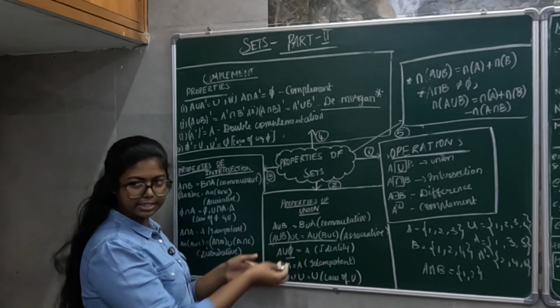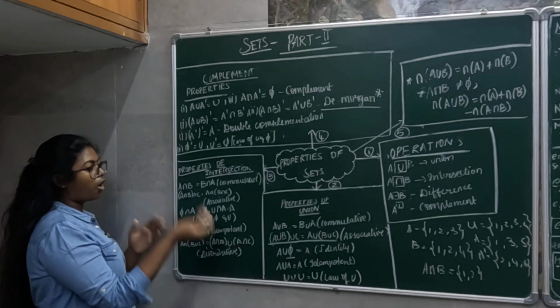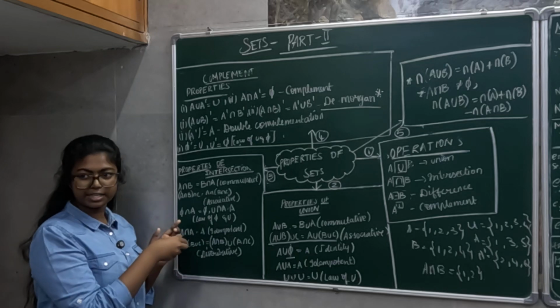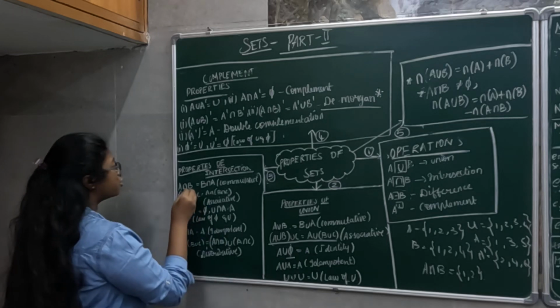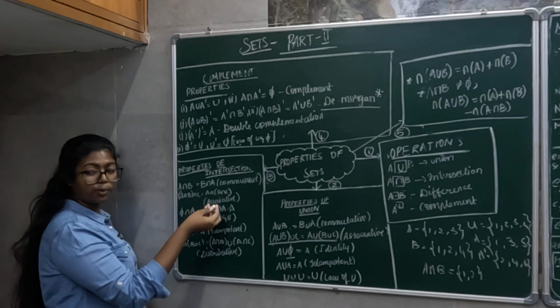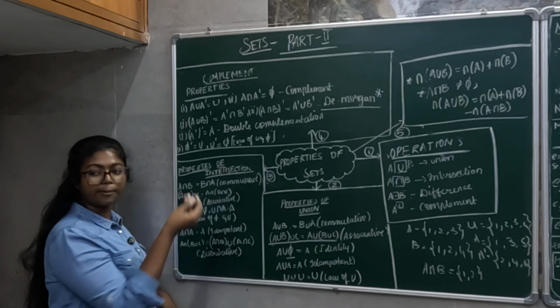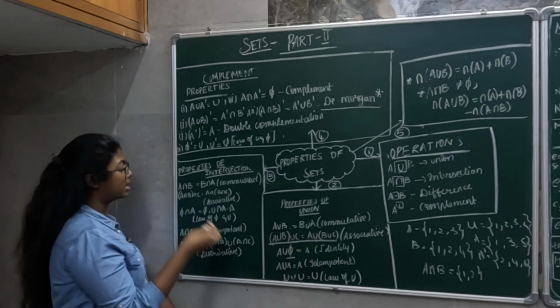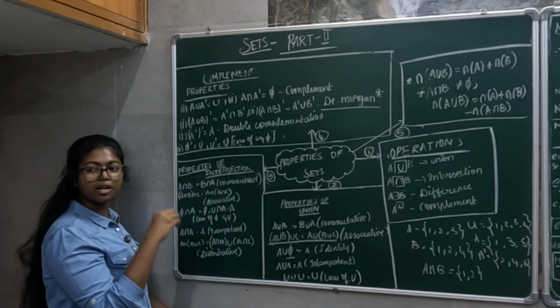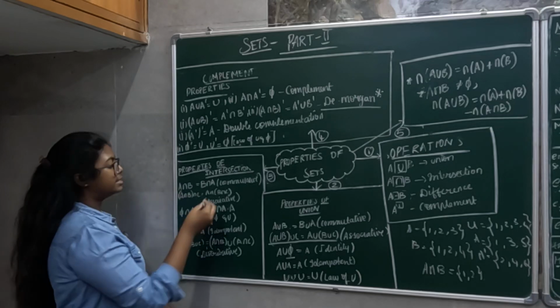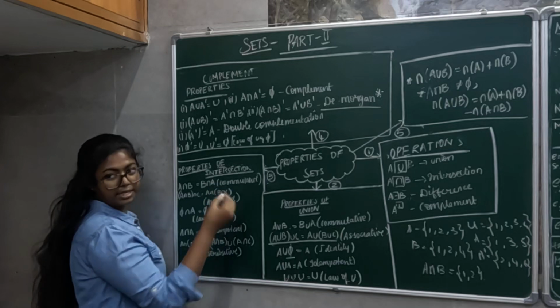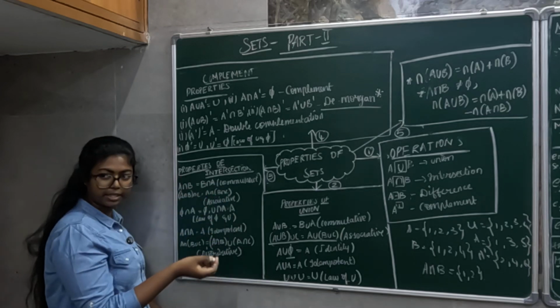Whatever we saw in union applies straight away to intersection, which is the common points. So A intersection B is equal to B intersection A, which is commutative law, as we already saw. Then A intersection B, the whole intersection C, is equal to A intersection B intersection C. This is associative law.